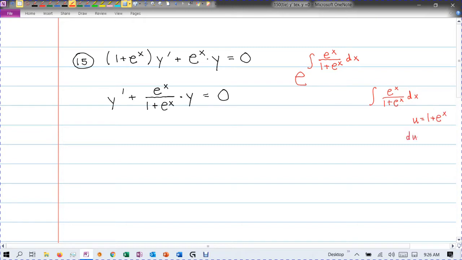The derivative of that is just e to the x dx, and we have e to the x dx right there on top. So this turns into an integral of 1 over u du. So the antiderivative of that is natural log of the absolute value of u plus some constant, which is natural log of 1 plus e to the x plus c.